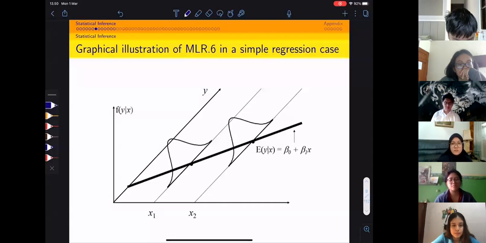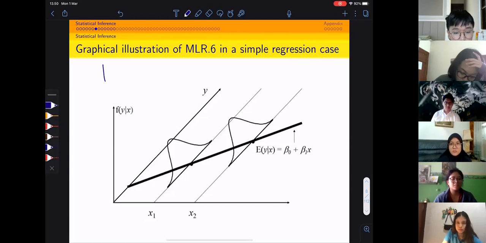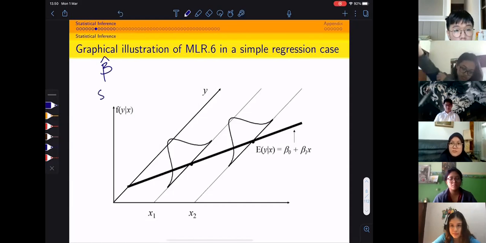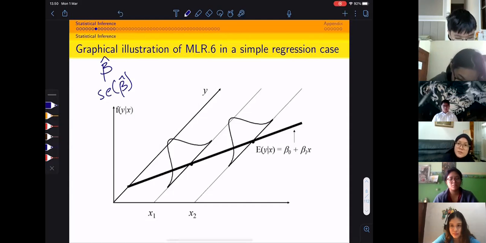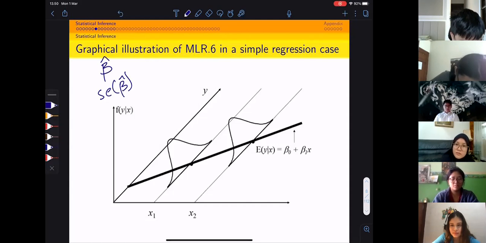Okay, very good. So what's the discussion so far? The discussion so far is that we estimate betas from the data, from the sample. We also estimate the standard error. Now, in order for us to make an inference about the beta using the sample, we need an assumption on the distribution.